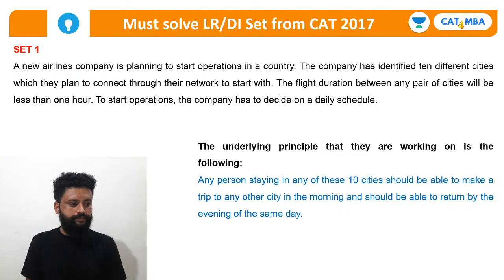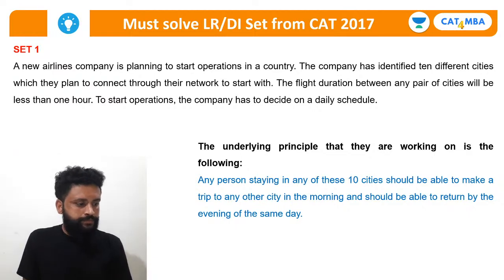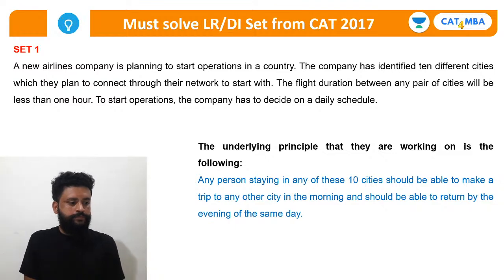Let's begin guys. You can go through the question, read it, try to comprehend the information. So a new airline company is planning to start operation in a country. So the company has identified 10 different cities which they plan to connect. Okay, then the flight duration between any pair of cities will be less than an hour.